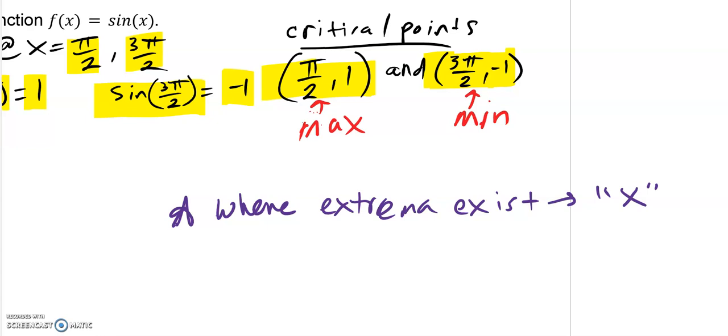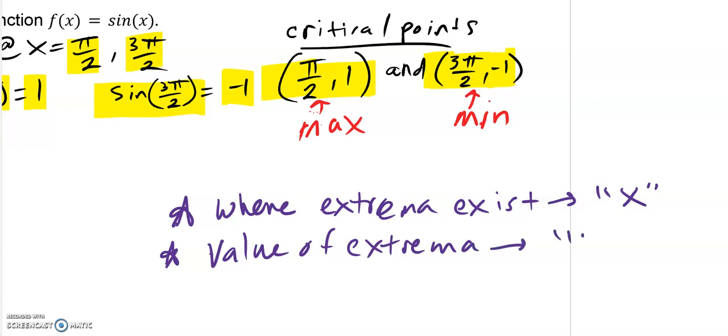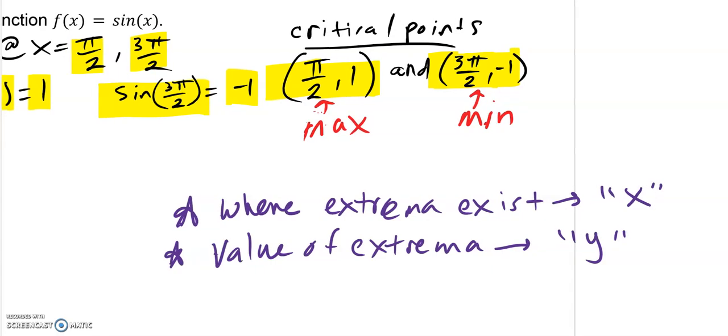If they're asking what is the max or the min or the value, that is a question as to what is the y value, right? So the where it exists, that's your x, and then what's the value? So right here, pi over 2, and 3 pi over 2, that would be the where. What is the value determines which one's the max and the min. That's the 1 and -1. Those are your y values.